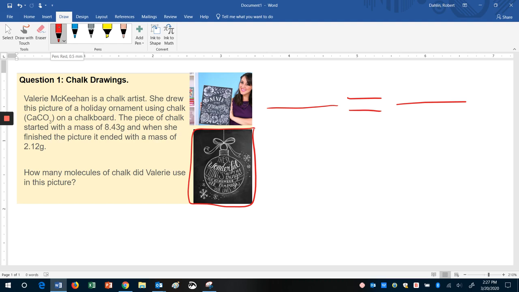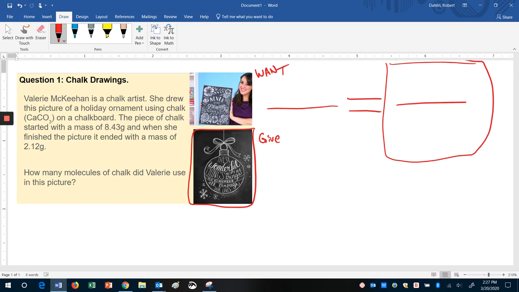Make the top side what the question wants you to find, and make the bottom side what the question gives you. The stuff on the right-hand side almost always comes from either the periodic table or from needing to know that 1 mole of something equals 6.02 times 10 to the 23rd.